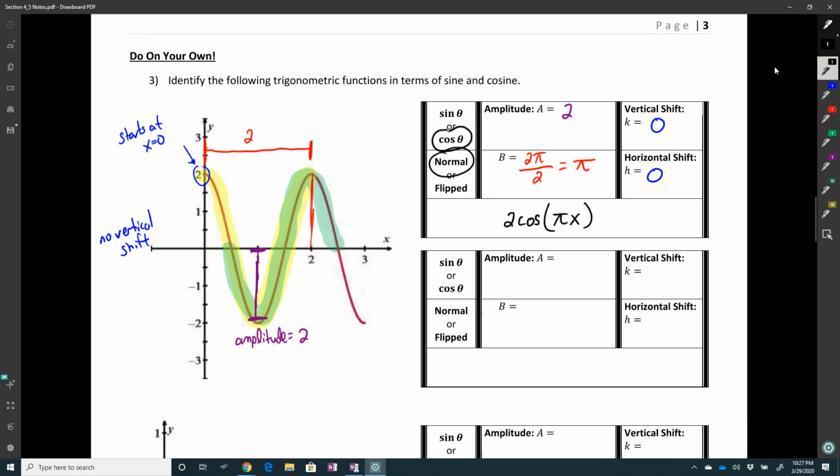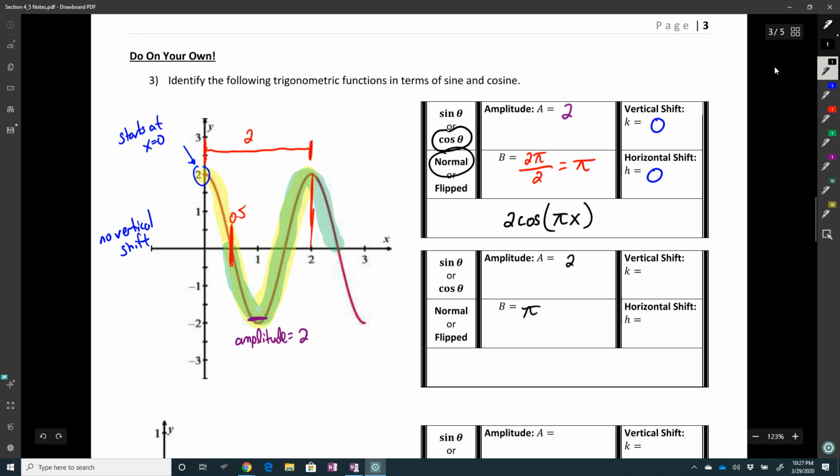All right. Now, if we wanted to do it with sine, our starting place would be different. We would start right here. Let me erase the amplitude that I have written because it's kind of blocking everything. We can see that that is at 0.5. So the amplitude stays the same.